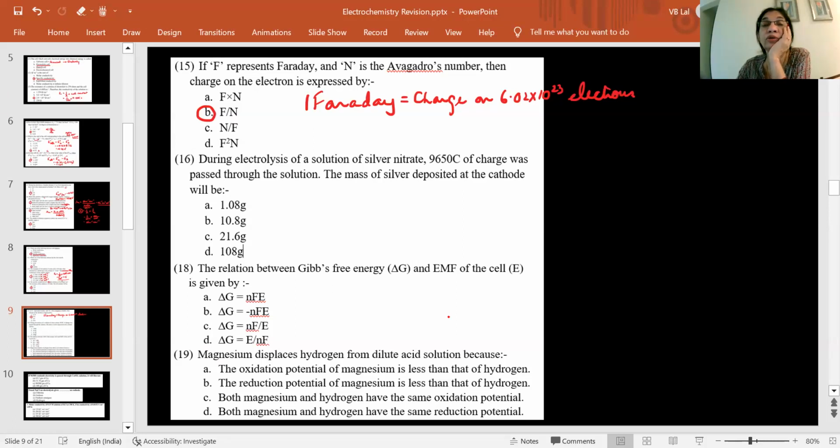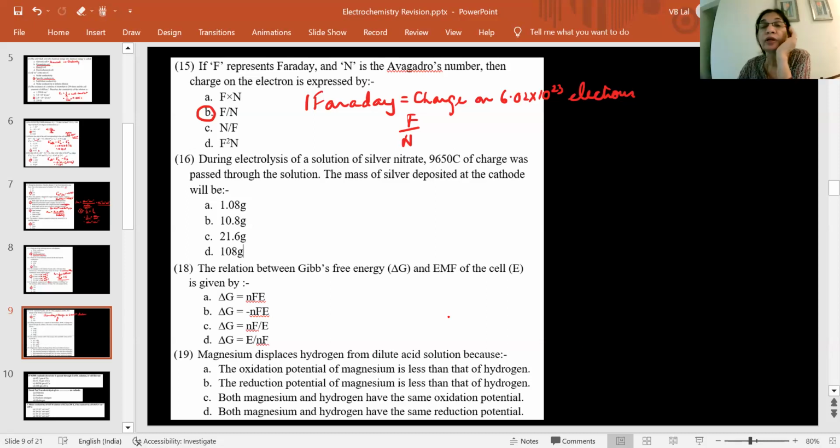Or charge on Avogadro's number of electrons. So what is charge on 1 electron? This F divided by N. So answer is B.